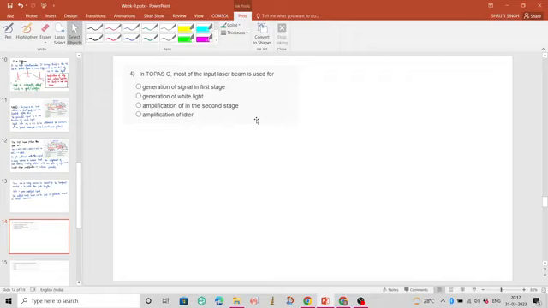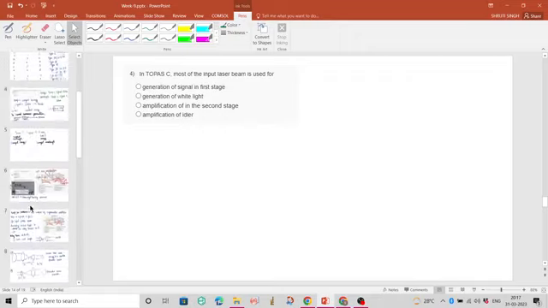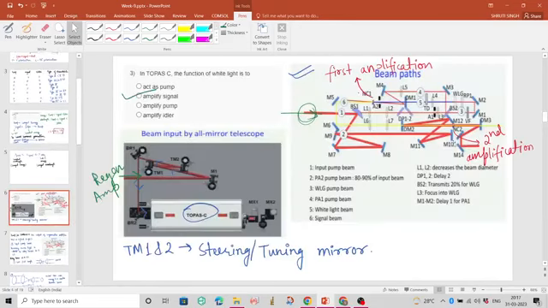Most of the input beam, it is asking. So it is asking about the beam which gets reflected at the first point after the beam splitter. So you can see this is the most of the input beam going here, shown in thick red color.